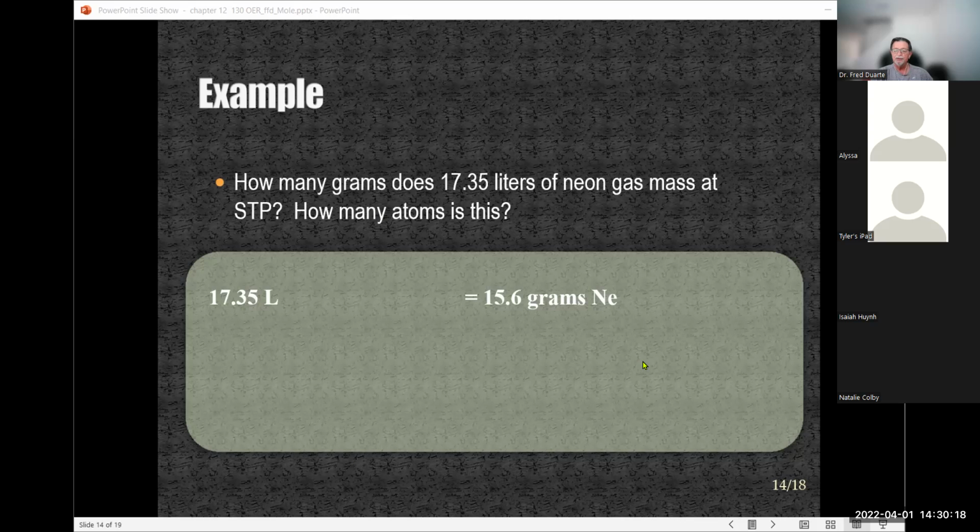So we're given 17.35 liters of gas, all right? And so we're at STP. And so I throw in the first, the relationship of 22.4 liters per mole, okay? Then we're talking about the neon gas, so I need to convert that to grams, so I need the molar mass, okay?